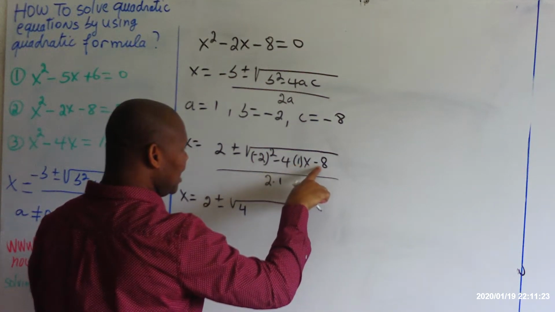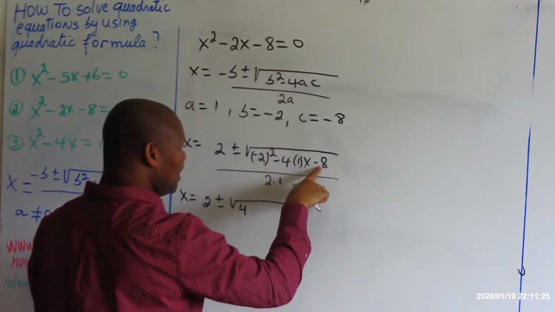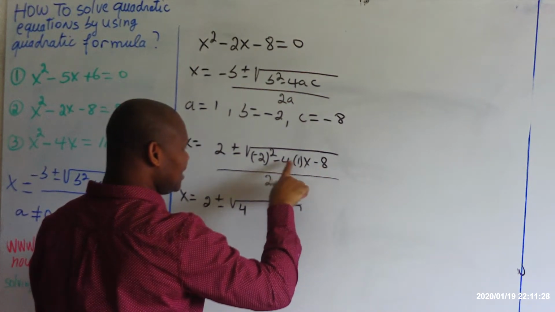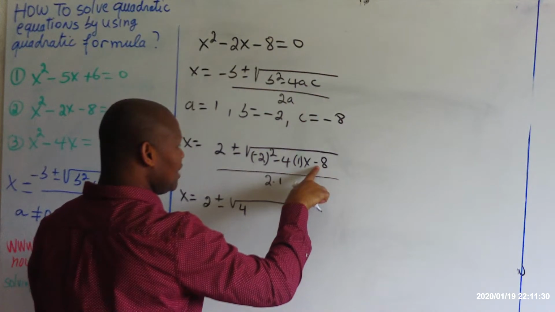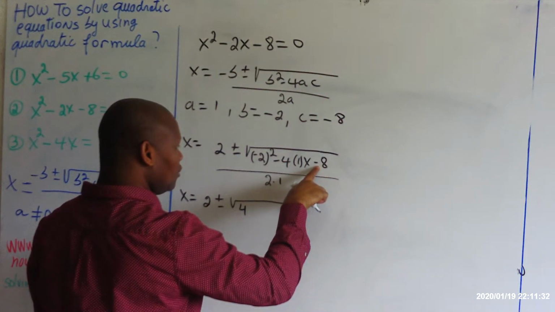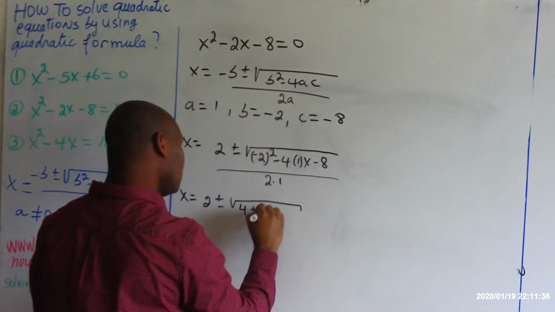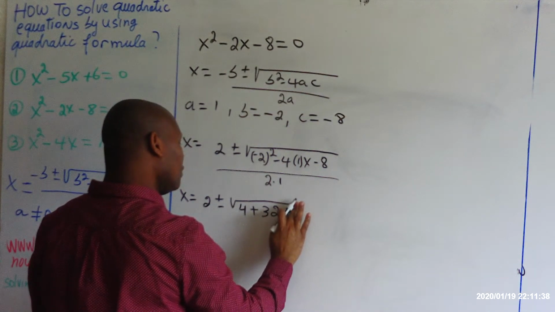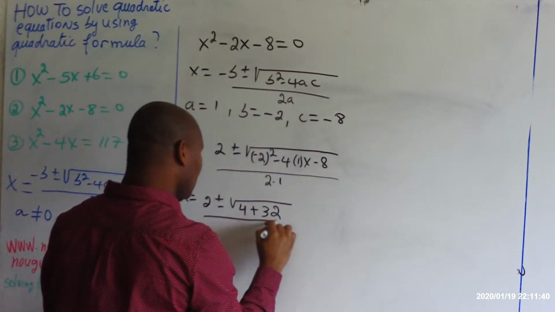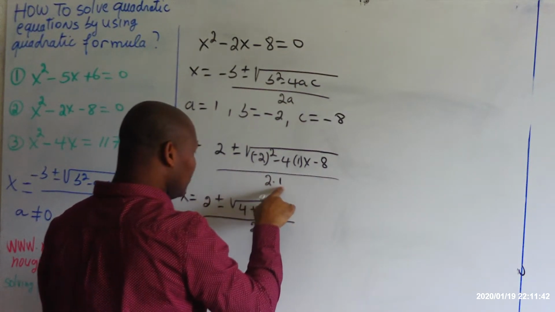Negative 4 times negative 8, that's positive 32, because a negative sign times another negative sign becomes positive. The whole thing over 2, and 2 times 1 is 2, okay?